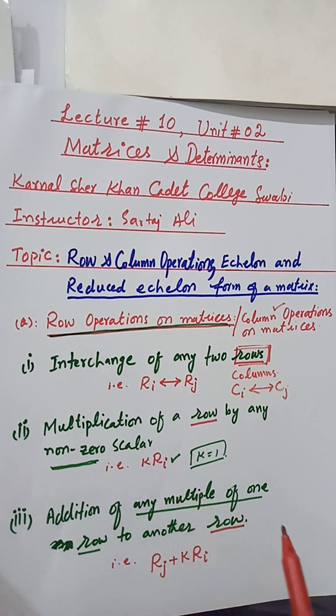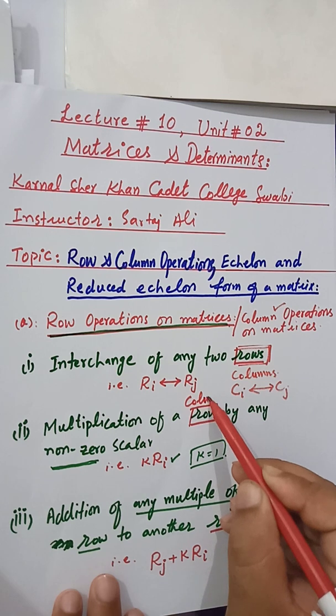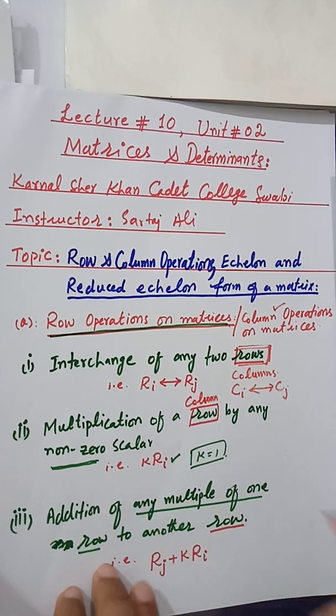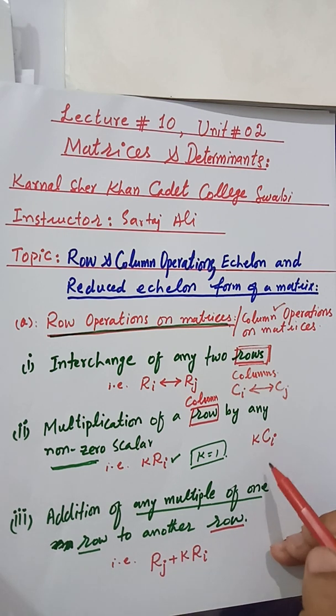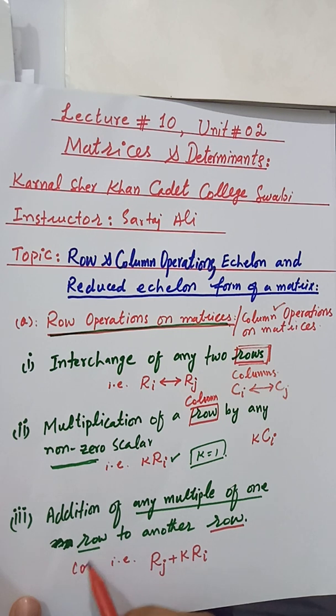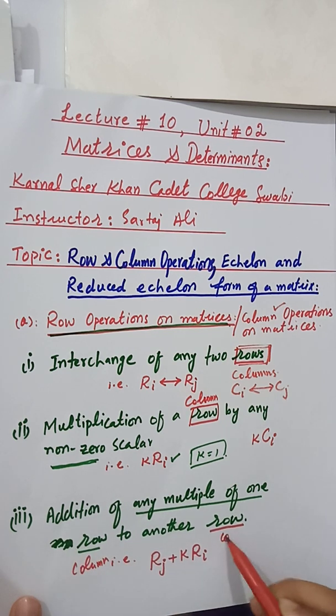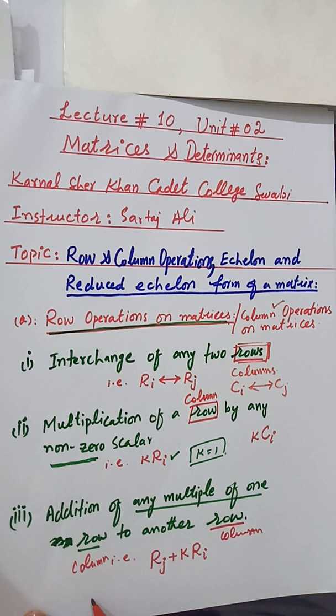You can also multiply a column by any non-zero scalar, and the representation for that will be K Ci. C is for the column. And you can also add any multiple of one column to another column, and the symbolic representation for that will be Cj plus K Ci.